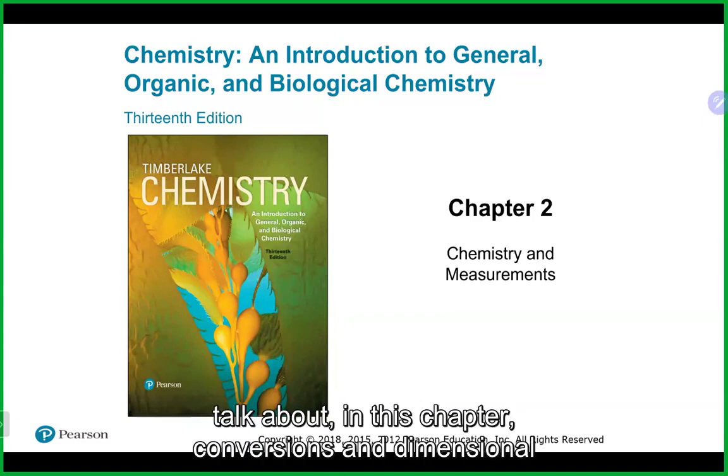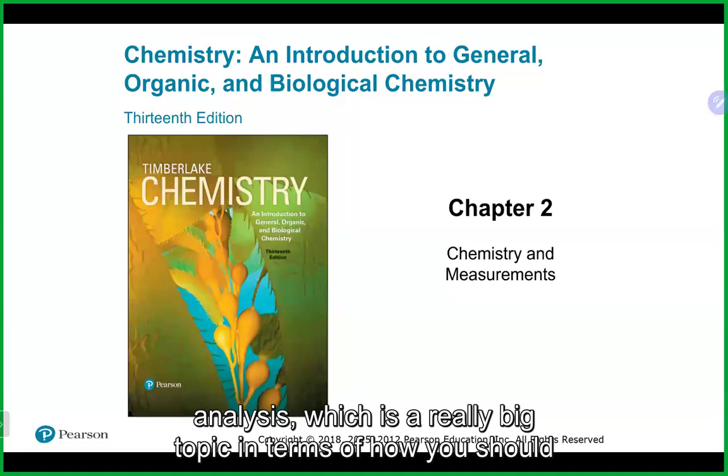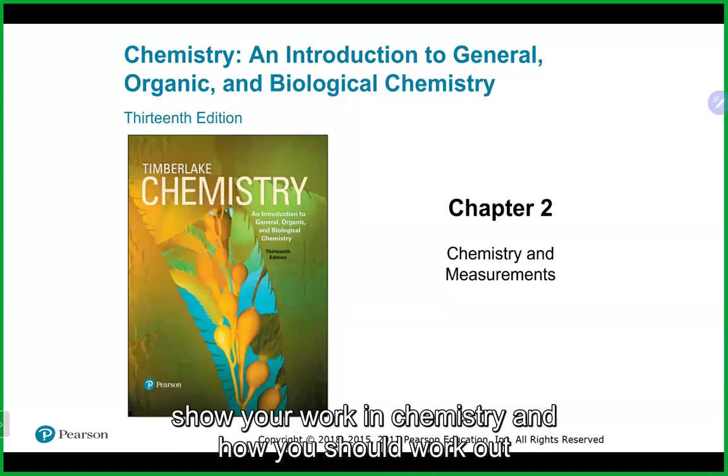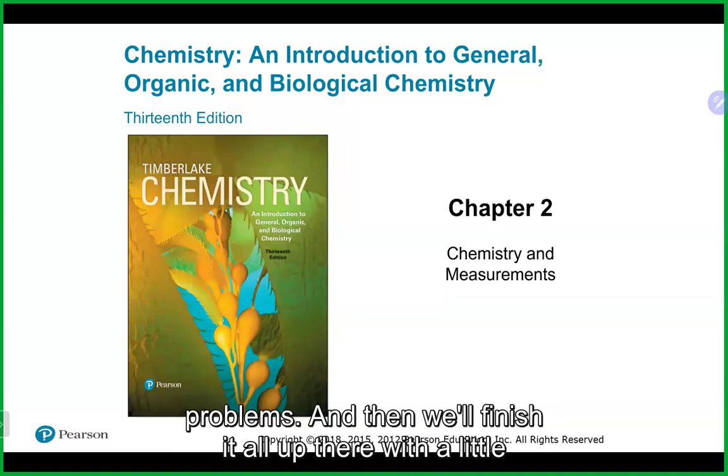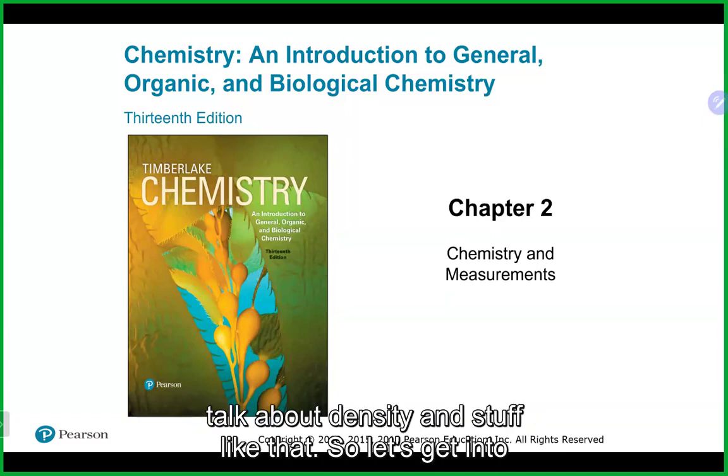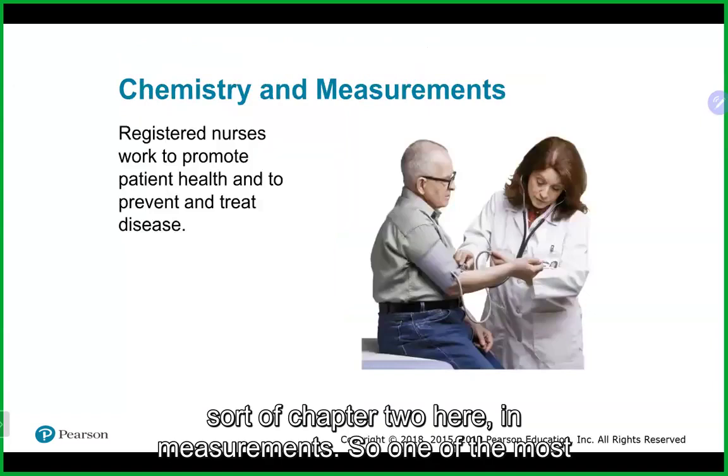We will then talk about in this chapter conversions and dimensional analysis, which is a really big topic in terms of how you should show your work in chemistry and how you should work out problems. And then we'll finish it all up there with a little talk about density and stuff like that. So let's get into sort of chapter 2 here and measurements.